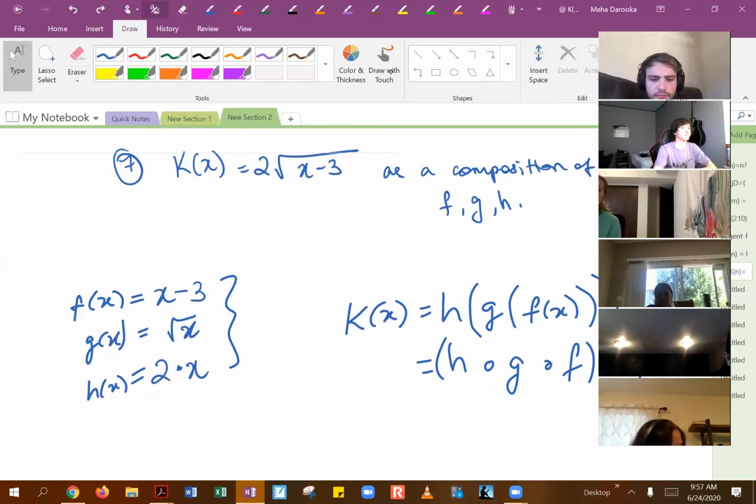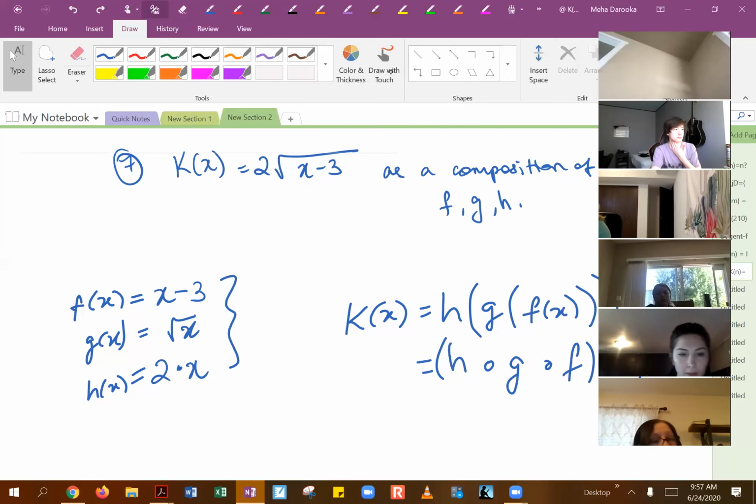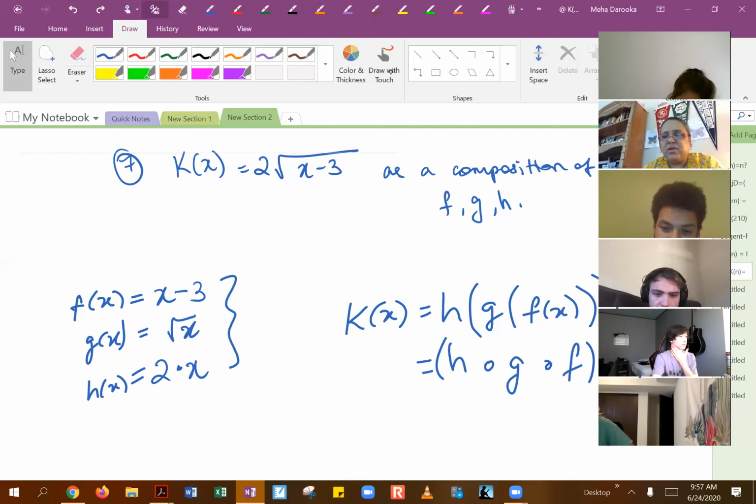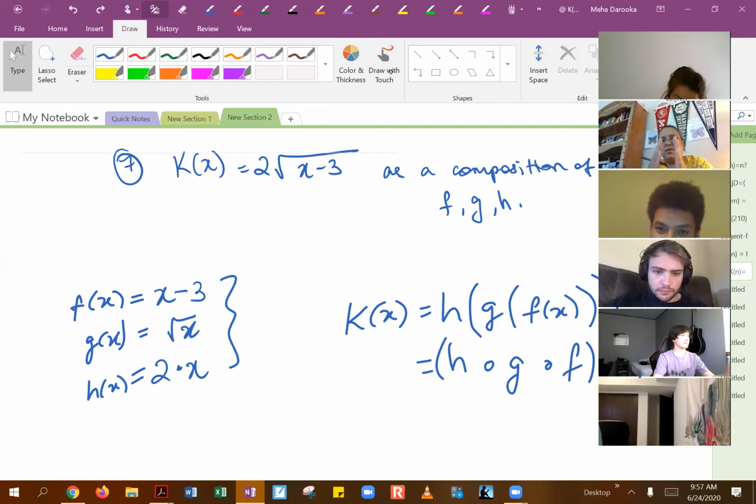Do you guys see that? It's not necessarily that because we defined it as f, g, and h, your composition is going to be f of g of h. No, it really depends on what you define these as. And then remember, we're working from inside to the outside. So the innermost function has to be the x minus 3.